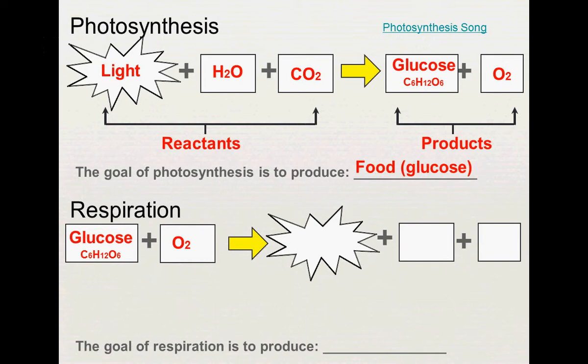ATP is a very important molecule for all living things. It stands for adenosine triphosphate. I don't know what that means, doesn't matter. You don't have to know it. Just know ATP. Think about it like this: in your house, all of your electronics run on electricity.